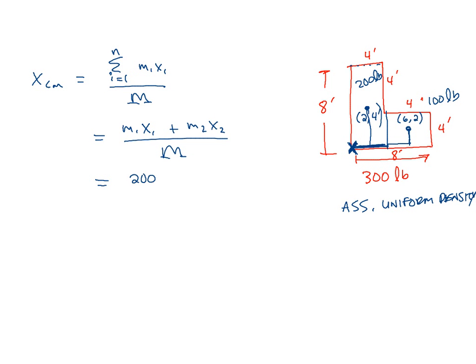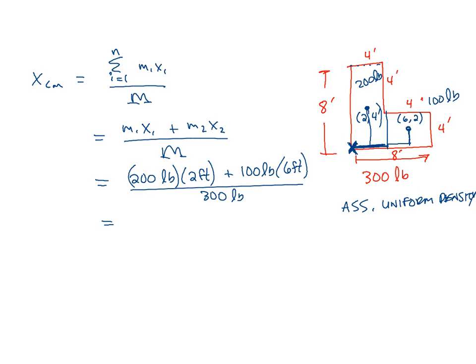But mass 1, the big rectangle, is 200 pounds. x1 is 2 feet over from the origin. Mass number 2 is 100 pounds, and it's 6 feet over from the origin. And the total mass is 300 pounds here.